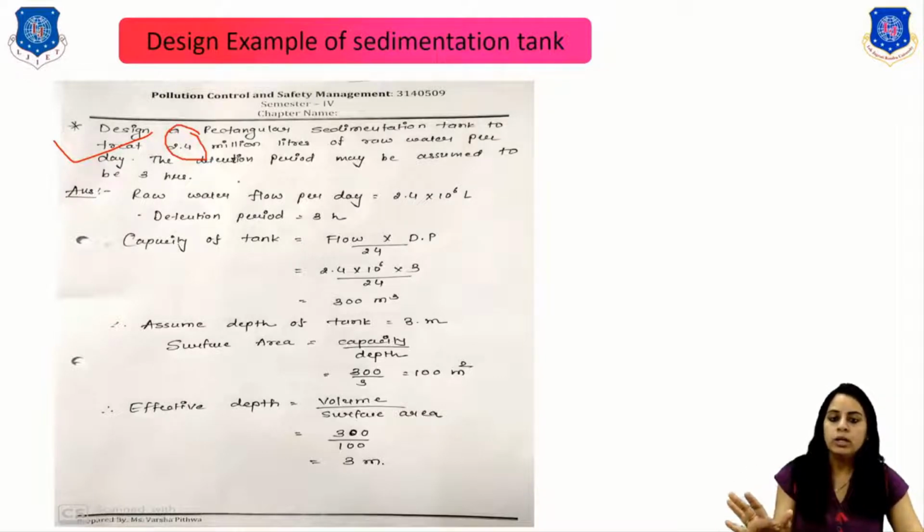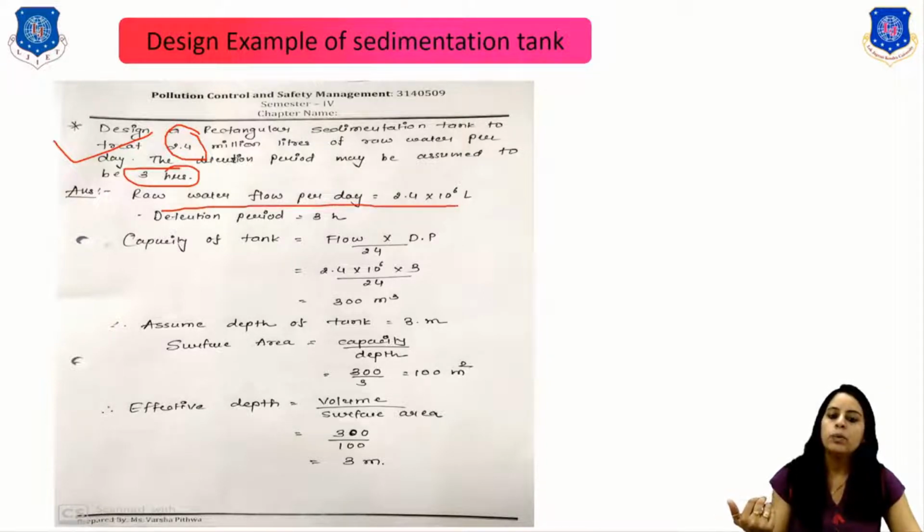So the data given are 2.4 million liter of raw water per day and a detention time of 3 hours. The raw water flow per day is 2.4 into 10 raised to 6 liter. Here the million liter is converted into liter.